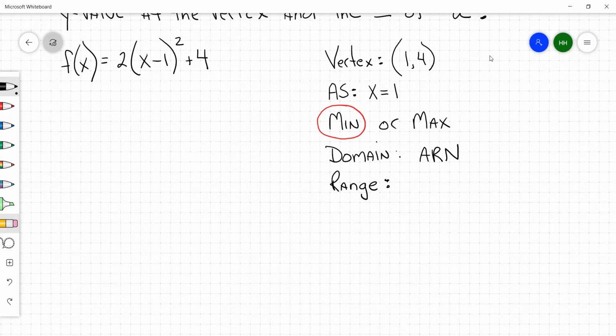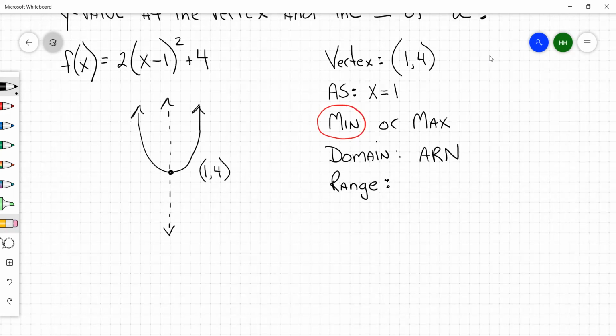If we were to graph this function, it would look something like this. It's going to go up. It's going to have a vertex. This point is going to be at (1, 4) on the coordinate plane. It's going to have an axis of symmetry that goes right through the middle of it.